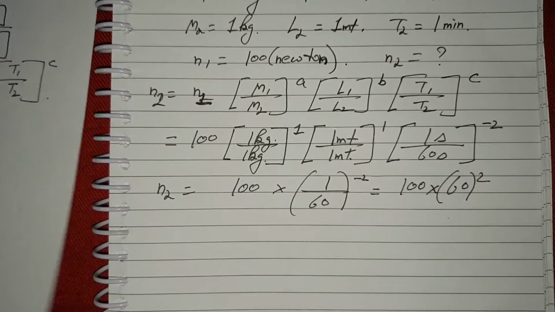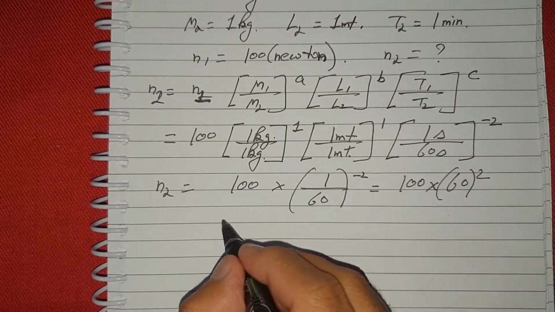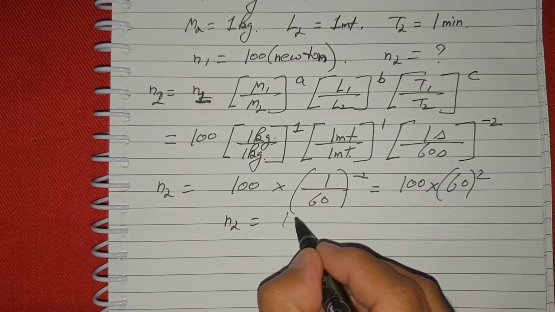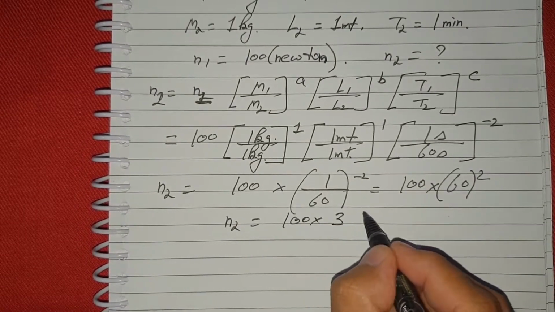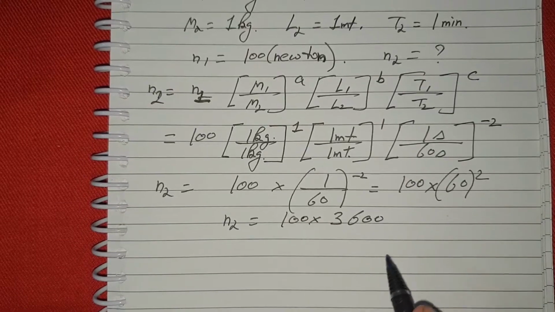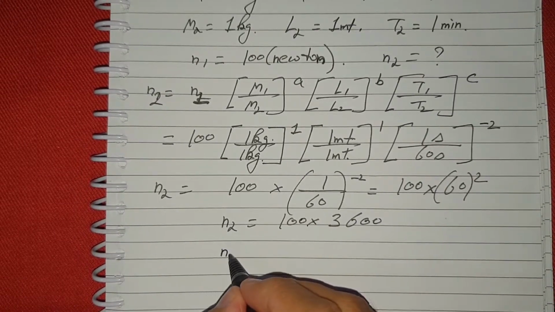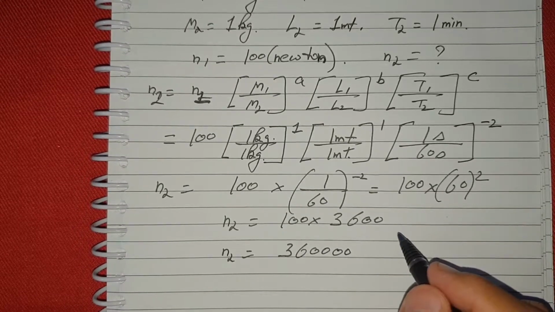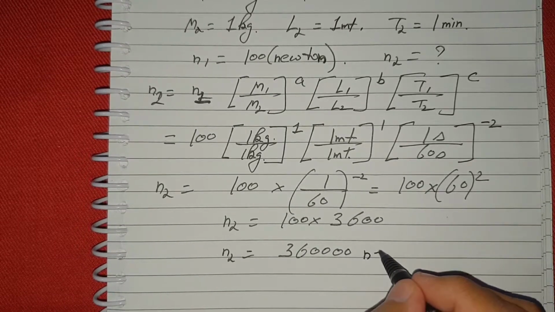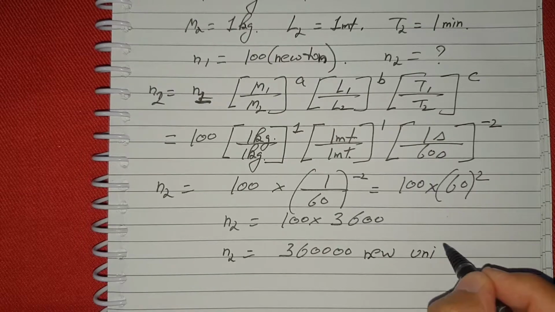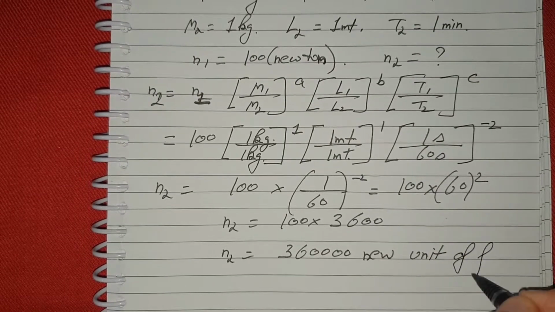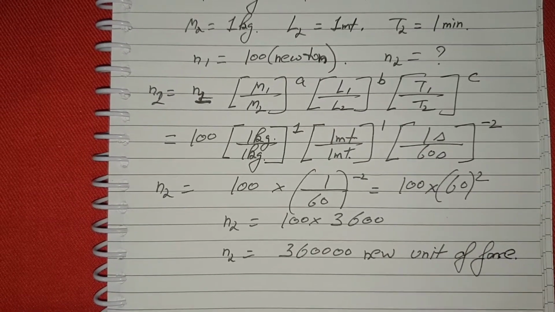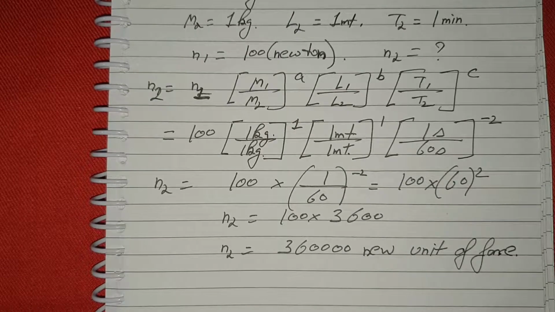So N2 equals 100 into 3600. 60 square is 3600. So N2 is 360000. We write the new unit of force.